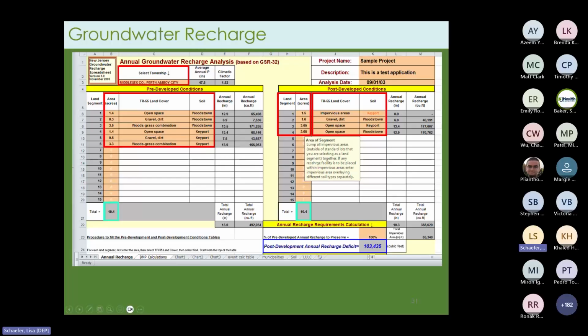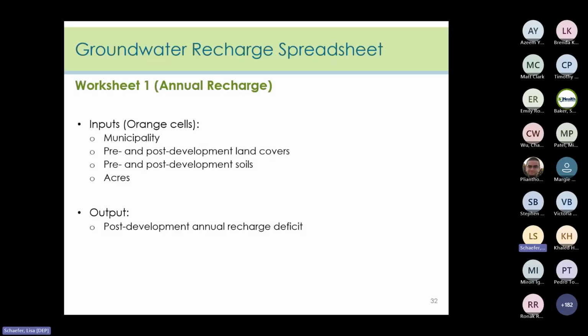But let's first talk about these inputs in the red boxes. The spreadsheet assigns annual precipitation based on the municipality, so be careful when selecting the municipality. Next are the land covers. As stated earlier, the volume of groundwater recharge is the runoff infiltrated into the subsoil and passed through the root zone.